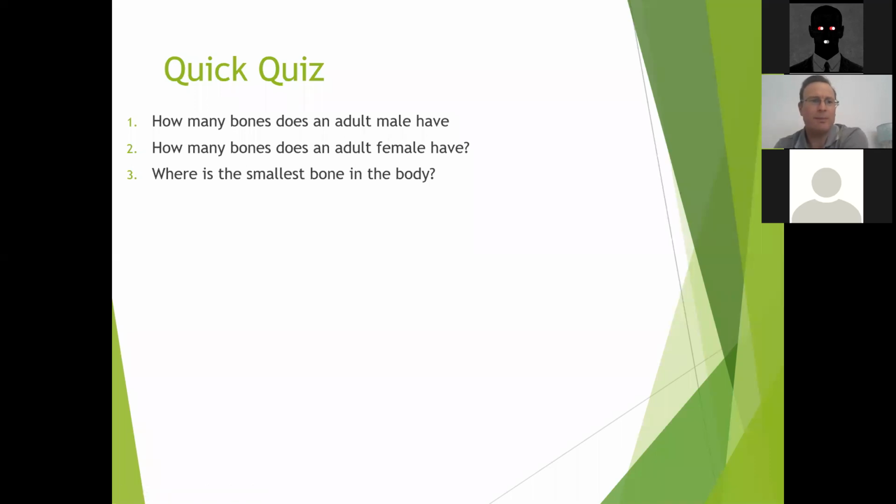Where is the smallest bone in the body? Where do you find the smallest bone in the body? Quick Googling. Foot, not bad. Close. Well, not really. Opposite end, actually.